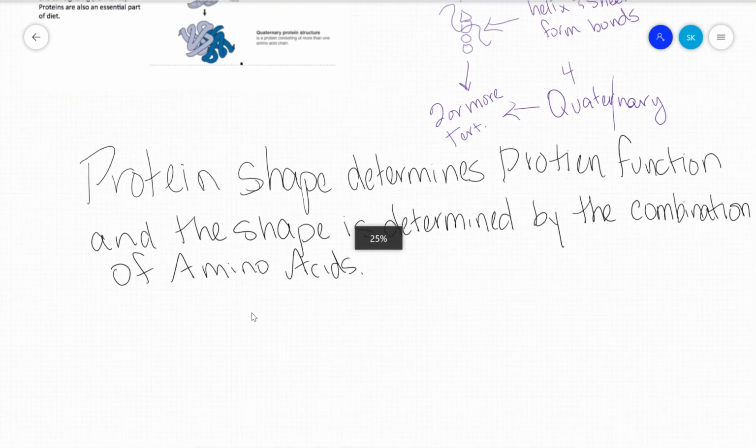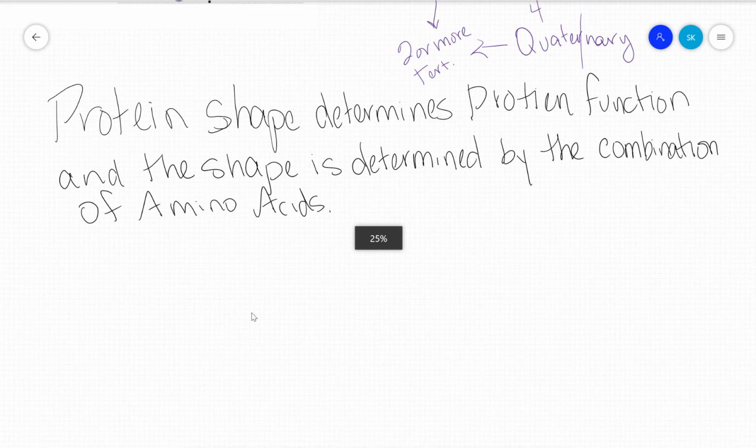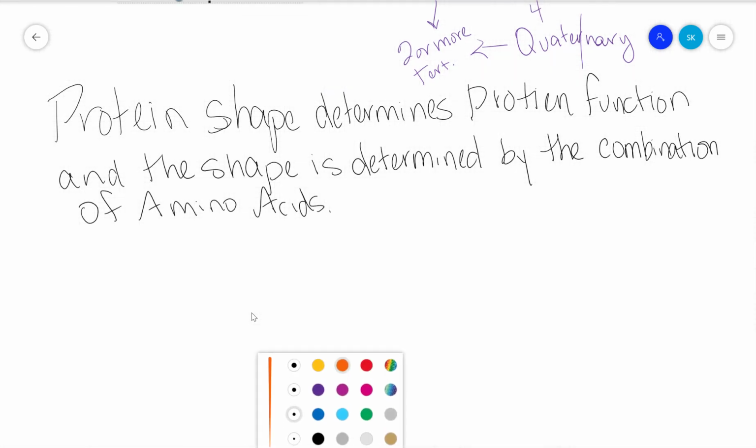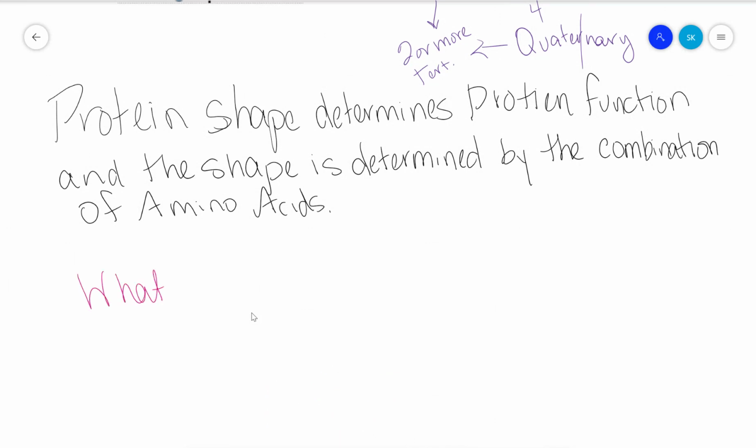So, at this point, you should be asking yourself this question. What could go wrong? Now, if a protein's shape determines its function, so every protein must have an exact shape in order to perform its function. That shape is determined by the chain of amino acids that we created in translation.